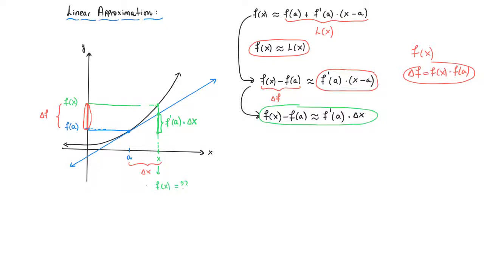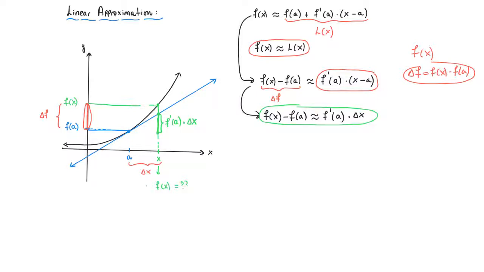If you notice, this vertical change right here, this tiny one from the tangent line down to the level of f of a, is the approximate vertical change. But whenever you go all the way up to the graph, from the graph to the level of f of a, this is the actual vertical difference.